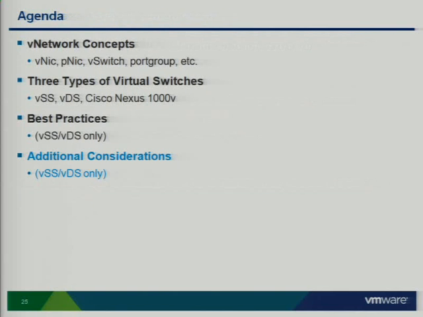There are a few additional miscellaneous things I want to cover in the remaining time. Both the best practices and these considerations apply to VSS and VDS only. There's a separate session on Nexus 1000V; if you are interested, you can go to that session or just look up the slides.